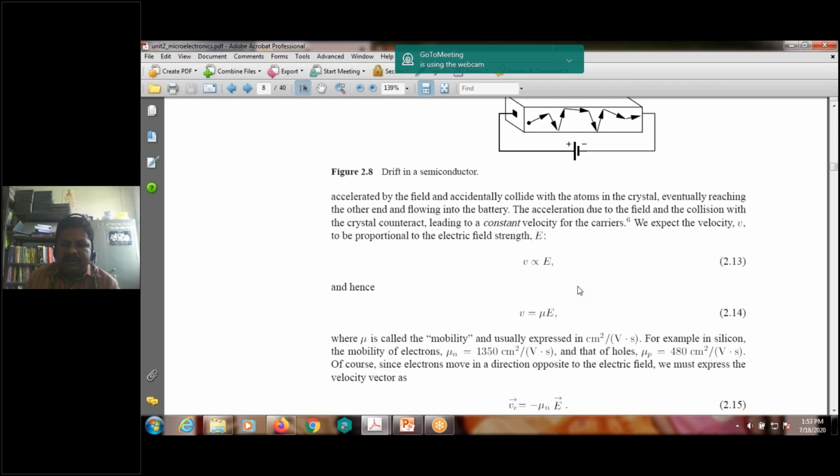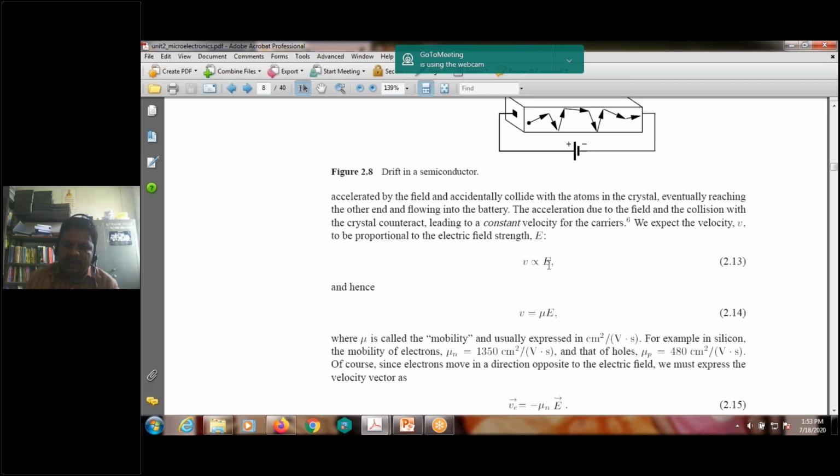In last class, we discussed the drift mechanism. Basically, drift is due to the electric field. By applying a voltage, an electric field is created, and charge carriers move from one end to another end in a silicon bar.